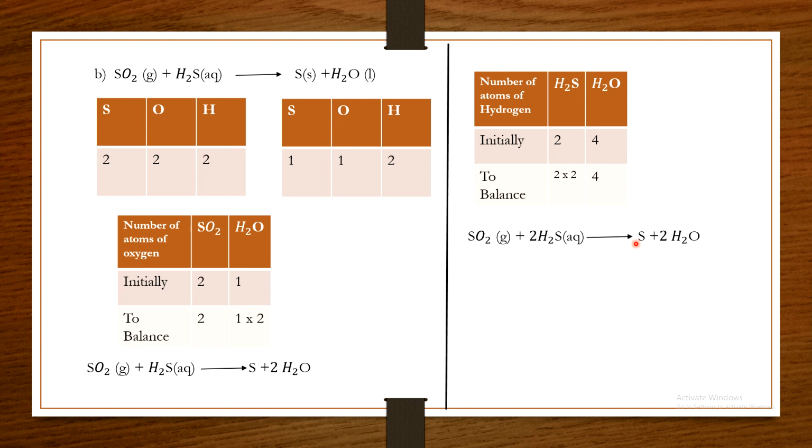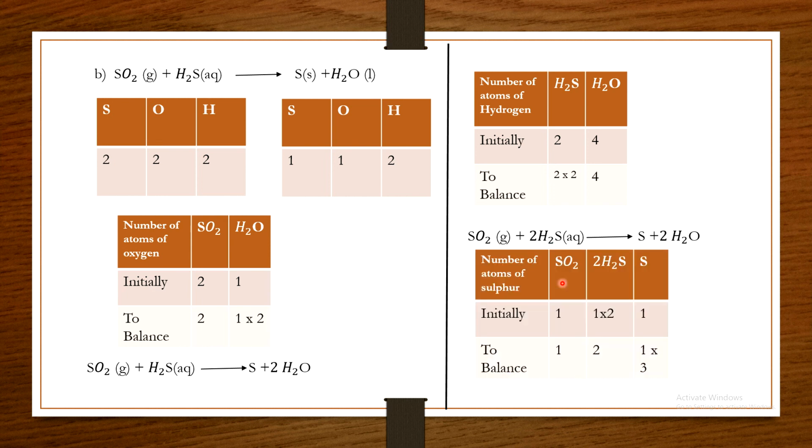Now what about the sulfur? Here you can observe this sulfur and these 2 sulfur atoms give 3 sulfur atoms on the reactant side. In SO2 there is 1 sulfur atom, and in 2H2S there are 2 sulfur atoms.